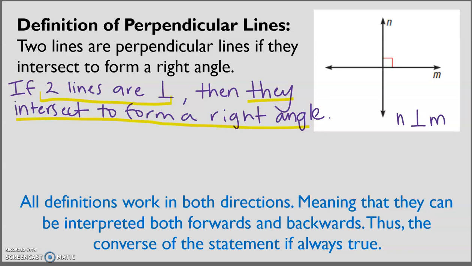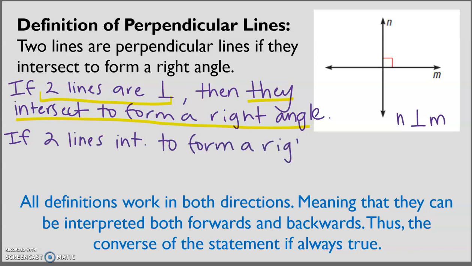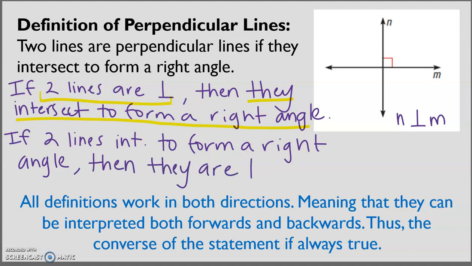So my converse would read as: if two lines intersect to form a right angle, then they are perpendicular.